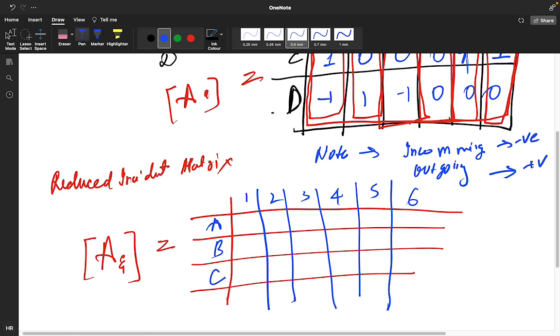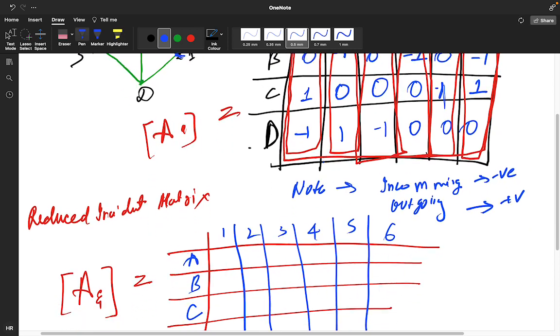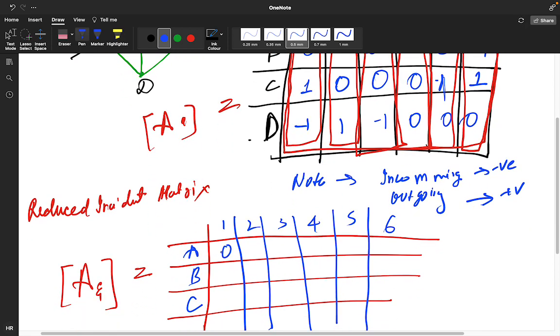So the D part you can ignore. So what values will we get? 0, 0, 1, and this was 0, minus 1, 0, and this particular one was 1, 0, 0, and this fourth one was 1, minus 1, 0, and this 1, 0, minus 1, and this 0, minus 1, 1.